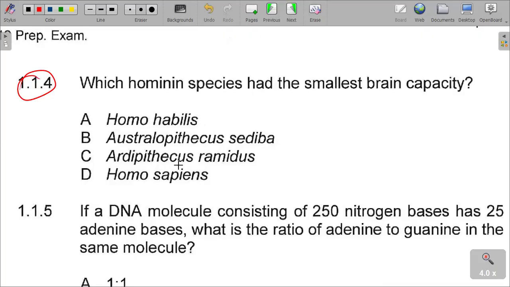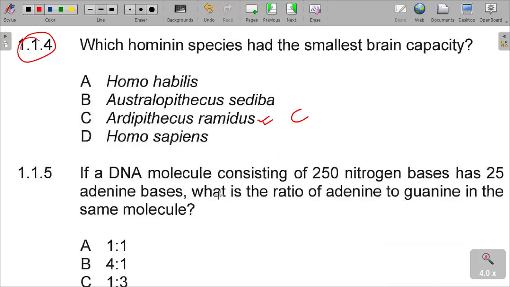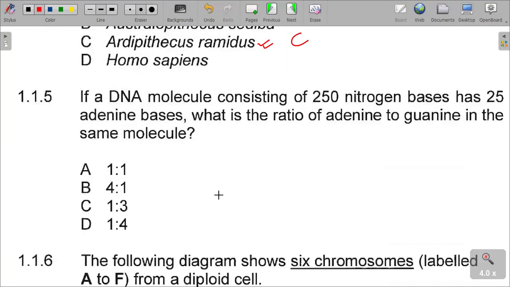So we have Ardipithecus ramidus, which is the oldest of them all, and it has the smallest brain, which is C. The smallest brain was found in the Ardipithecus. Remember that Homo sapiens is the modern man of today.